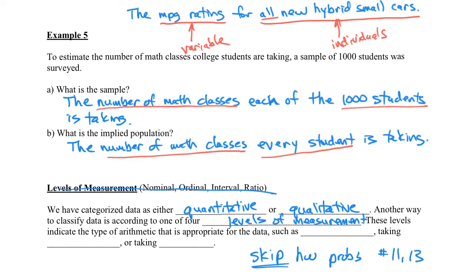They ask about levels of measurement, which I'm just not going to cover. I left it in the notes because maybe someday someone will convince me that it's something we should cover, but at this point I'm not convinced. So for now, skip levels of measurement in the book unless you just want to read about it, and skip homework problems 11 and 13 in section 1.1.